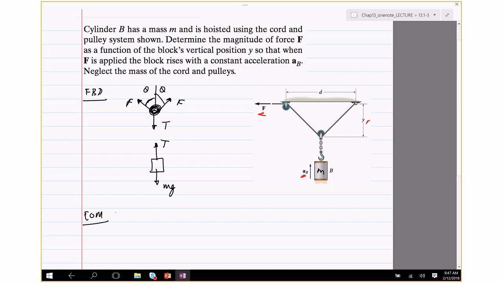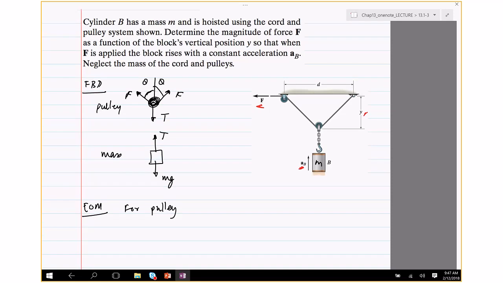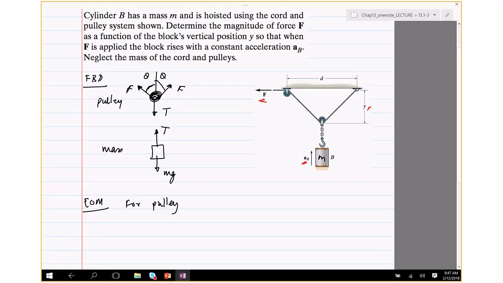Equations of motion. This is the pulley, this is the mass. Clearly there is an equation in the x and the y direction. In this case, we are only interested in the y direction, so I will not write the equation for the x direction, because there's no motion in the x direction for the mass m. For the pulley, we have T acting downwards, so let's call that negative.